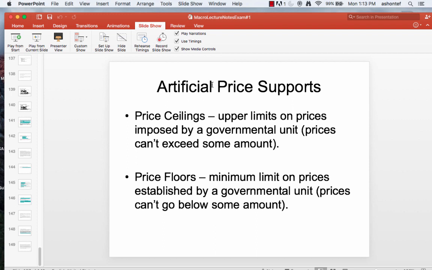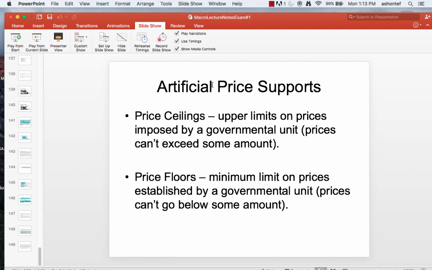There's no point in imposing a price ceiling that is above the equilibrium price, because if we were to do that, the price would just go right back to equilibrium. A price ceiling is where a price can't go above some amount, but it can go below. Another piece of terminology to remember is a binding price ceiling, which is a price ceiling that has been set below the equilibrium level.